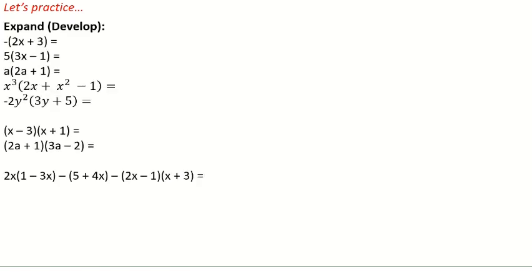And now let us start practicing all the things that we have remembered together. I'm going to start by expanding and developing the following terms. We have minus into (2x plus 3).